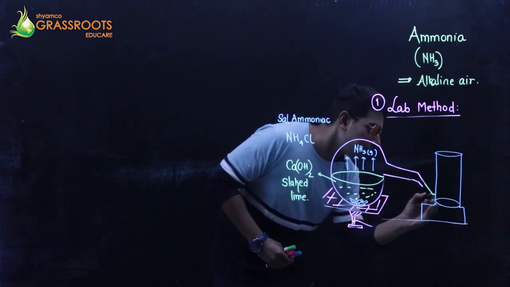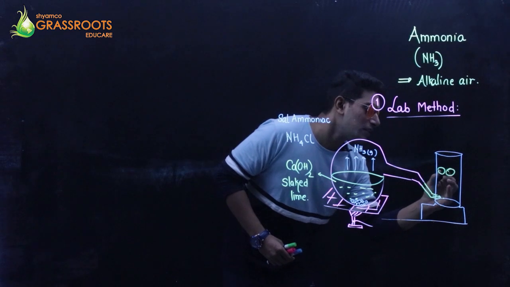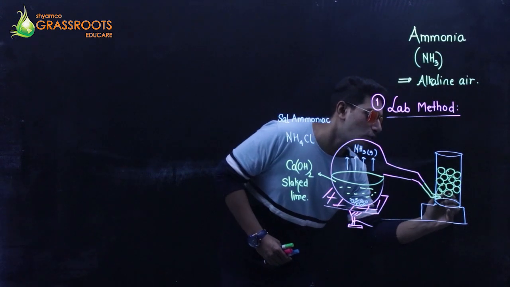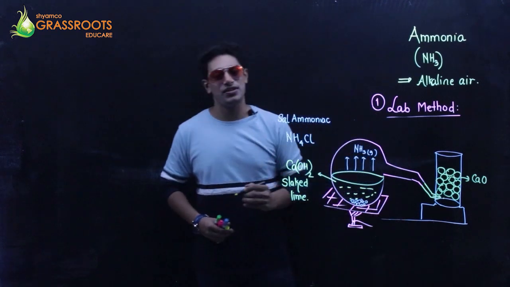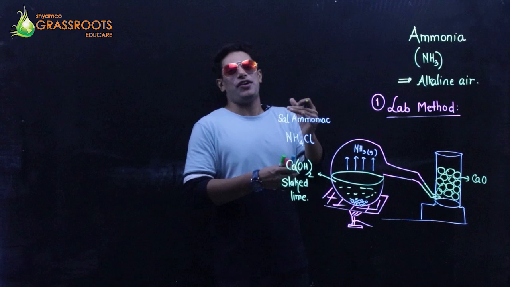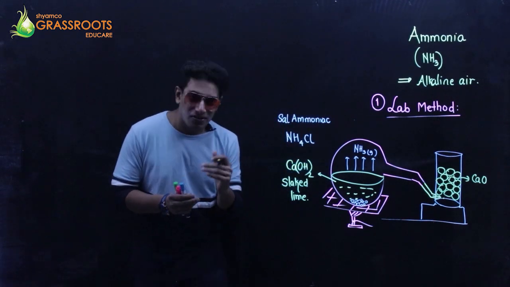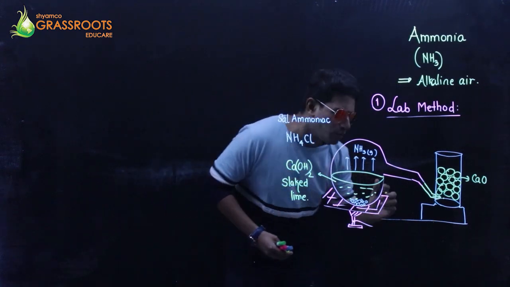So obviously there is some entry, and this is a drying agent, and the one which you're going to use as a drying agent is calcium oxide. Okay, calcium oxide is used as a drying agent. I would say it is preferred as a drying agent. There are many drying agents in our syllabus, but why are they not opted for? I'll come to it. Just hold on. Let's go on with the process.